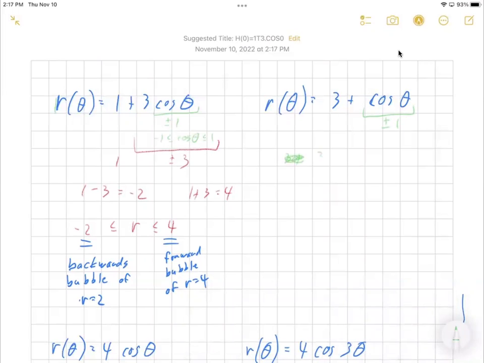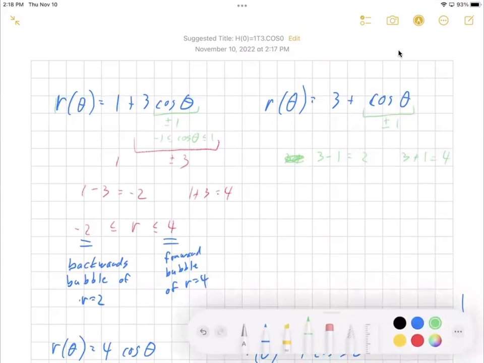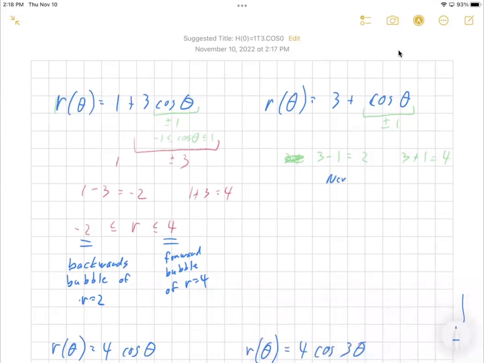Actually, let me do 3 minus 1 first as the smallest r value, which would be 2. 3 plus 1 would be the largest r value you could get with this, 4. Notice everything's positive. So we're looking for something that never goes through the origin. We'll never have negative values to this.